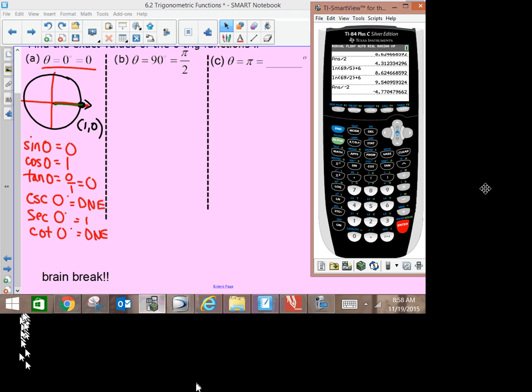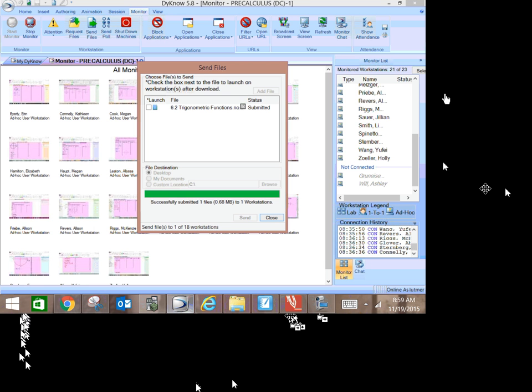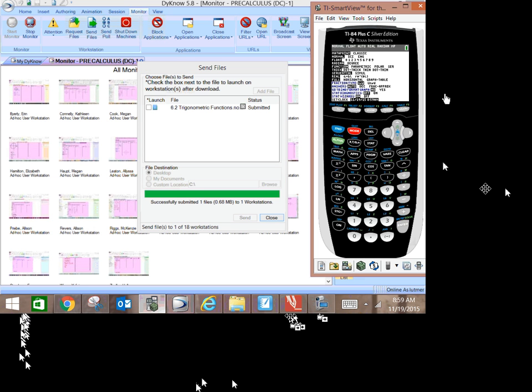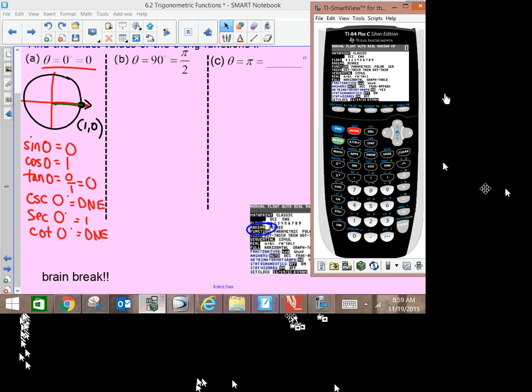Now your calculator can tell you the same thing. If you're like, okay, is that right? Mode, I'm in radians. So let's make sure we're in radians. Just to double check here, we're in radians. That's kind of the default. Start trying to think in radians. I know it's going to be a process to do that because you've been doing degrees up to this point.